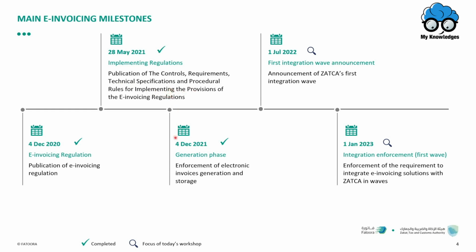Later that year, on the 4th of December 2021, the generation phase kick-started and we started enforcing our taxpayers, or VAT taxpayers, to start generating invoices in electronic format. And then on July 1st of 2022, this year, we announced the first wave of integration of e-invoicing, which will start enforcement on January 1st of 2023, and then subsequent phases or waves will come after that.